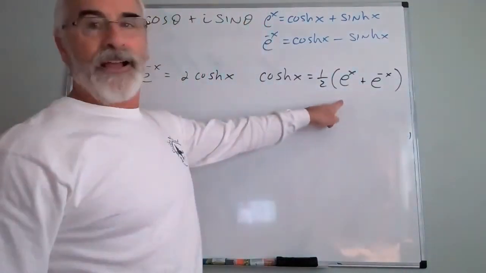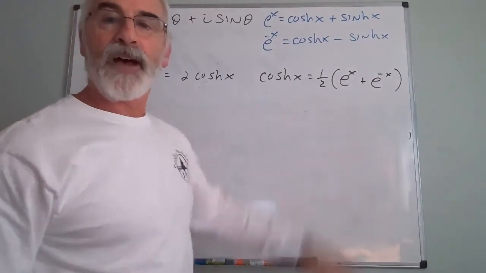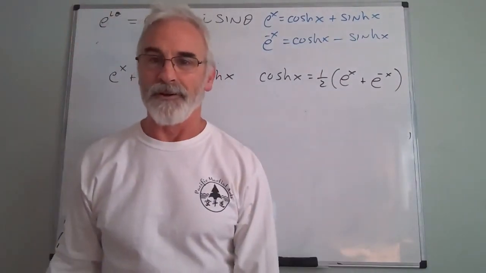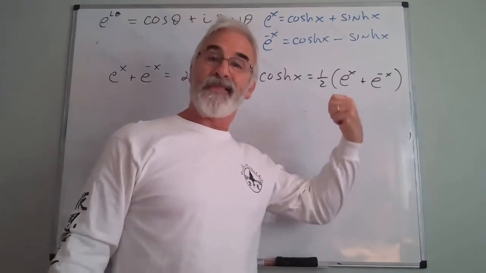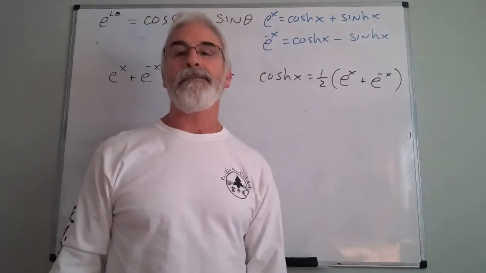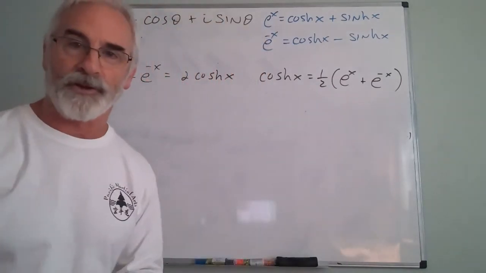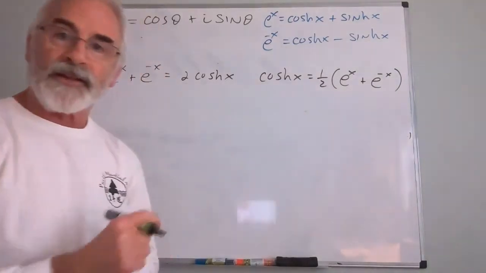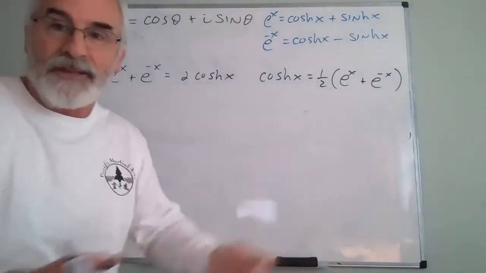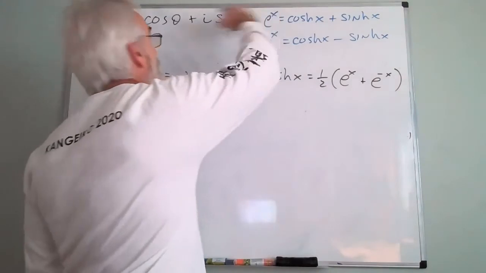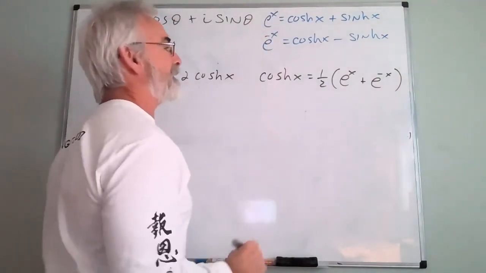And that's what your calculator did when it calculated the hyperbolic cosine of 4 a few minutes ago. It actually calculated that. So there's an alternate programming going on here. If I want to calculate a hyperbolic function, I can't use the imaginary parts. I'm going to use Euler's formula to use the exponential parts.